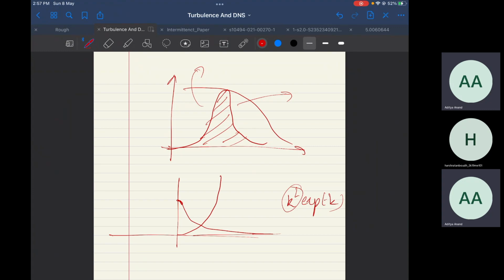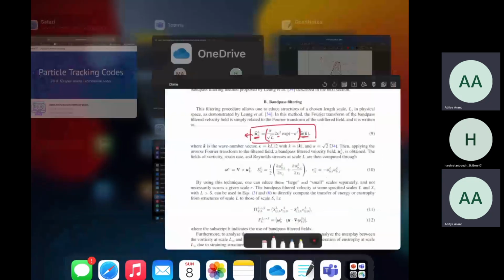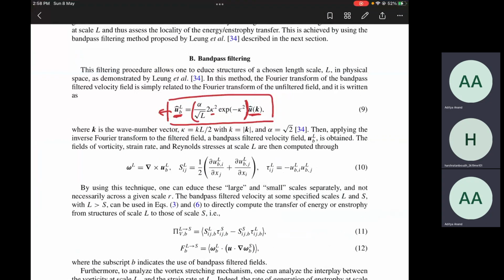So a product of these two would be something like this. On a log scale it would be something like this, maybe a sharp drop here. So this is a band pass filter. I hope this is clear, the band pass filtering thing.